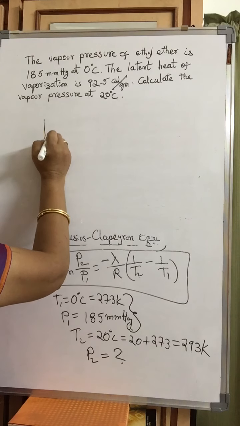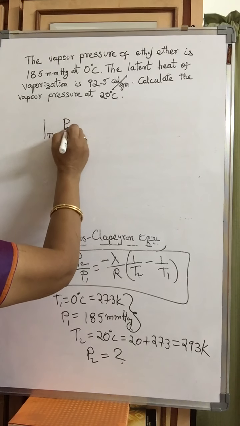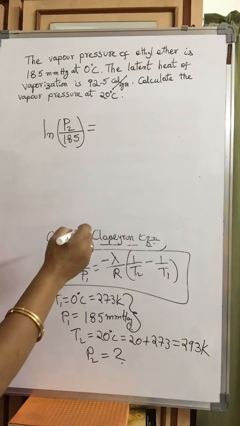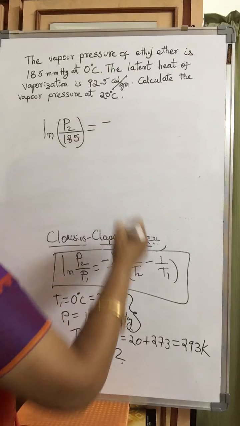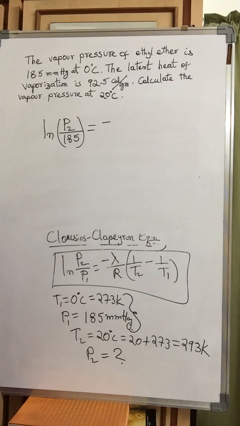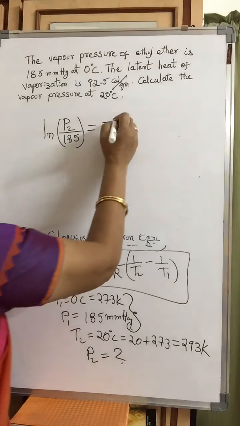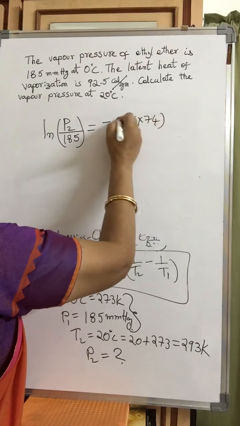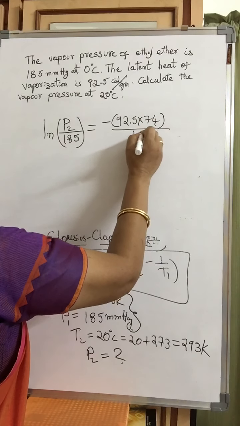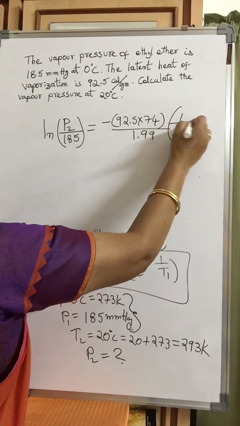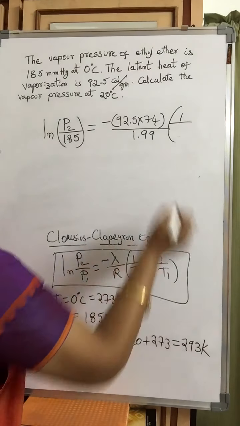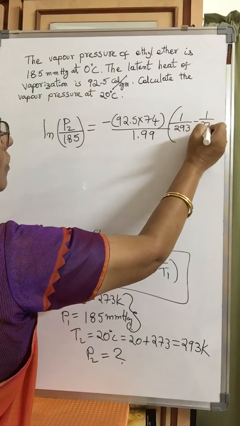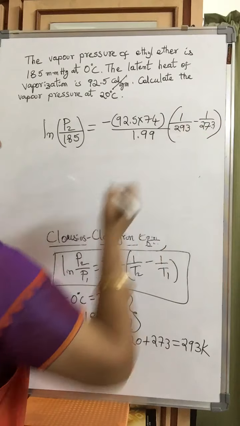Therefore, ln P2, you don't know how much it is, so you keep P2 only. So ln P2 by 185 is equal to minus lambda, 92.5 into 74 calories per gram mole, by R 1.99, into 1 by T2, which is 293, minus 1 by 273.